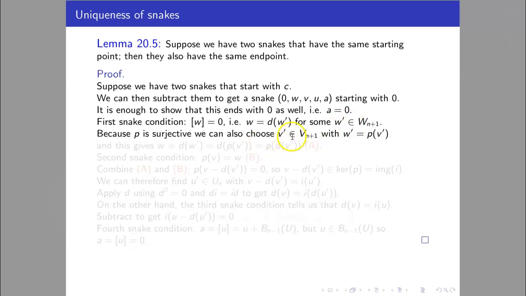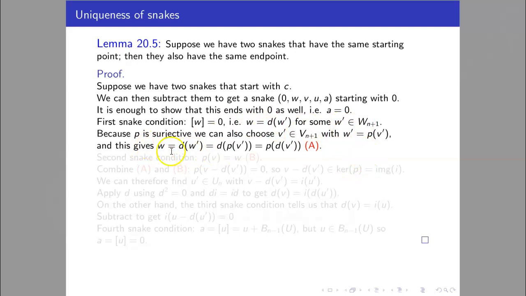Okay, so now we've got this w prime in W, and remember that our p is a surjective map from V to W, so we can choose some v prime in V_{n+1} with this w prime being equal to p v prime.